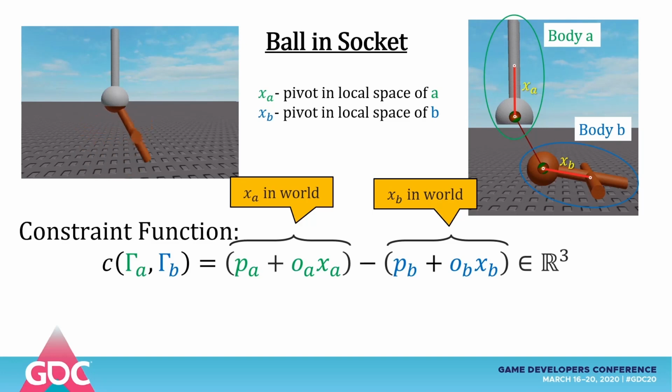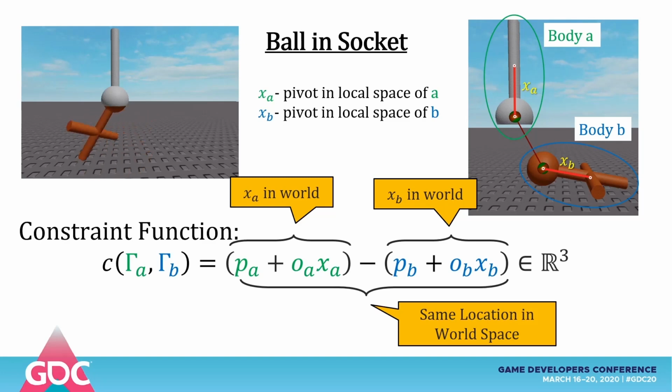The constraint function is then the difference between these two pivot positions transformed into world space. The constraint function vanishes when the two are in the same location. It seems that there is another way to specify this constraint by using the distance function between the two pivot positions, but only the first model is regular, that is, the Jacobian has full rank.